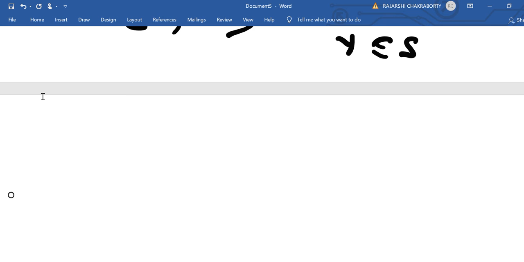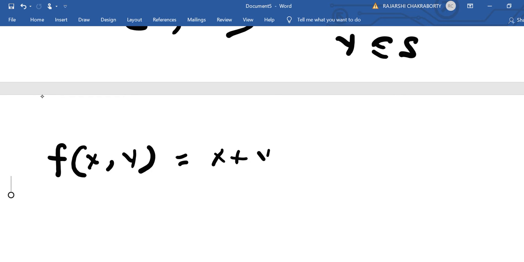Now, suppose we define function f of x, y as x plus y.